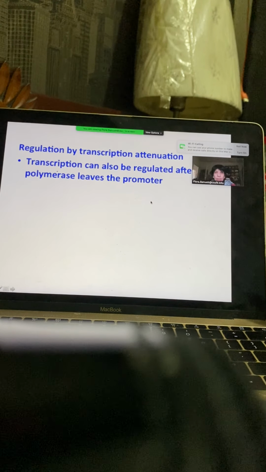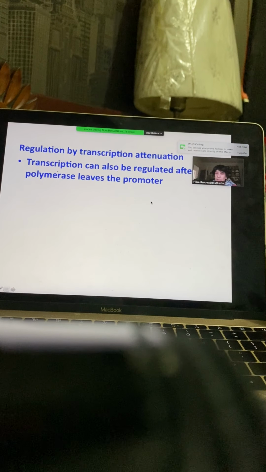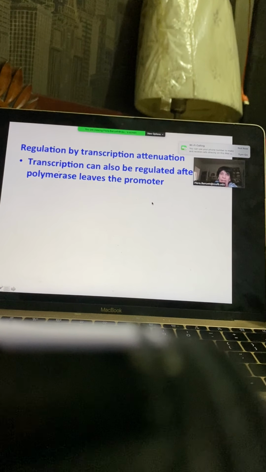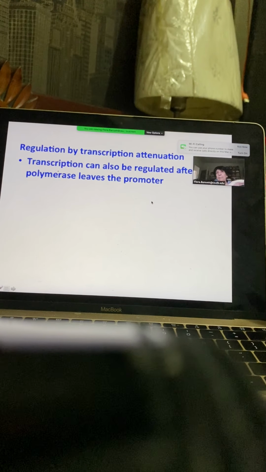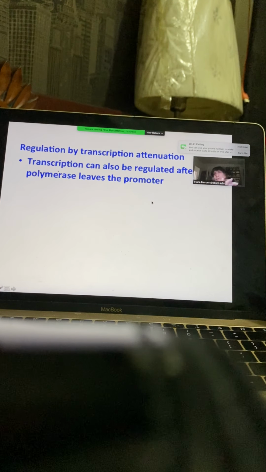Okay, so let's look at how this regulation works. This type of regulation is exerted after RNA polymerase begins transcribing or has exited the promoter. So remember, you have the promoter, you have the leader sequence attenuator. So it's after it has escaped the promoter.